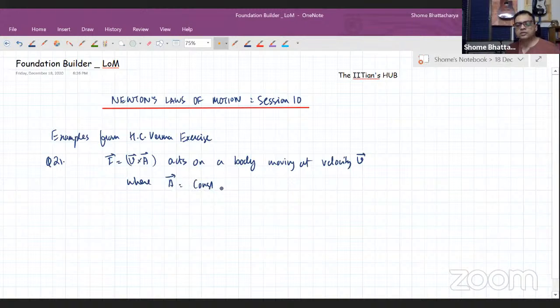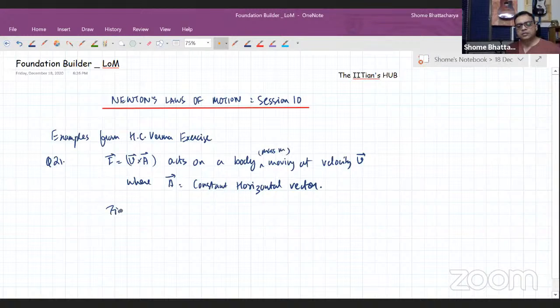It's a constant horizontal vector. So now we have to find the minimum speed with which this particle of mass m should be projected, so that it continues to move undeflected with constant velocity. Okay. So this body is of mass m.